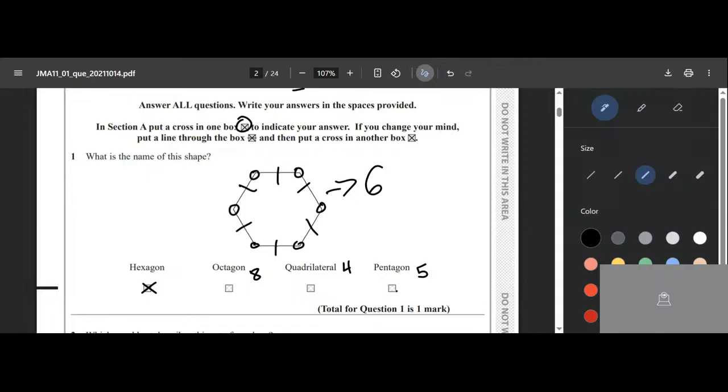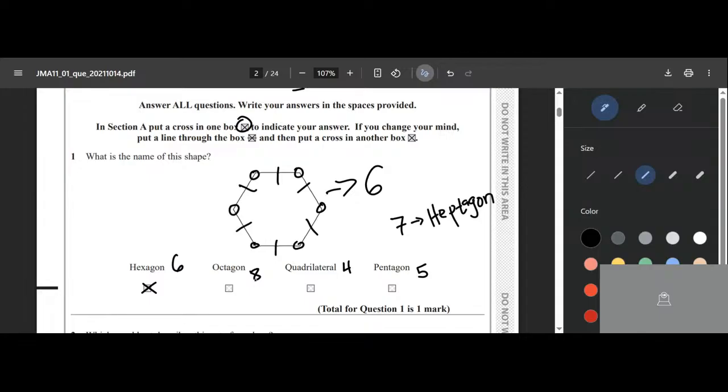So maybe for your note and clearance, just write 4 sides is already there, quadrilateral. Then we have pentagon, 5, 6 is a hexagon. What about 7? 7 is a shape, we call it a heptagon. Then we have 8, octagon.